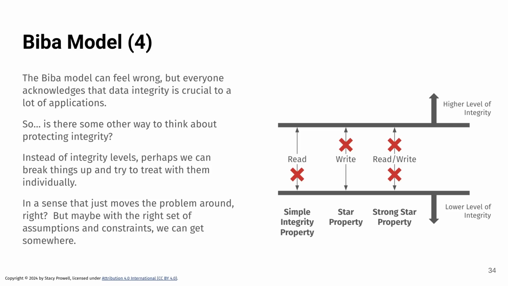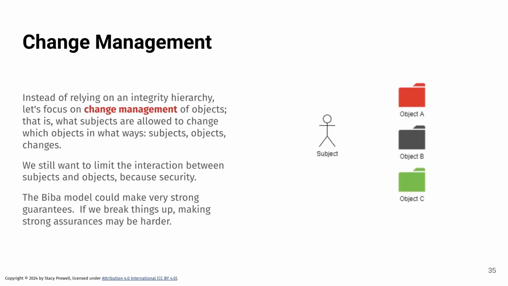Remember utility from the Parkerian hexad. All right. So if we have the right set of assumptions and we have the right set of constraints, perhaps we can build a better model. What we're talking about now is a change management model. A change management model focuses on what subjects are allowed to do to objects and the ways in which they can make changes to those objects.